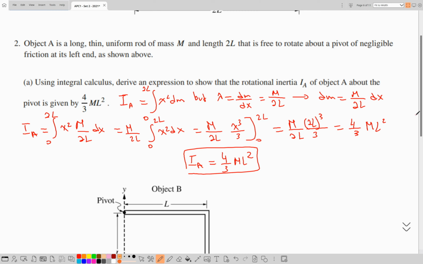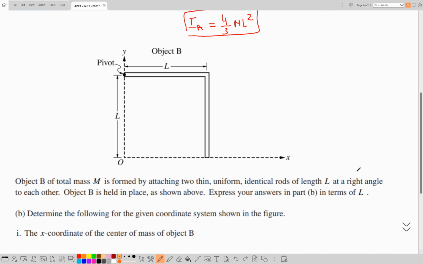Okay, this is it for part A. Now here we have a text, and we can look at the figure above. Object B of total mass m is formed by attaching two thin uniform identical rods of length L at right angle to each other. Object B is held in place as shown above.